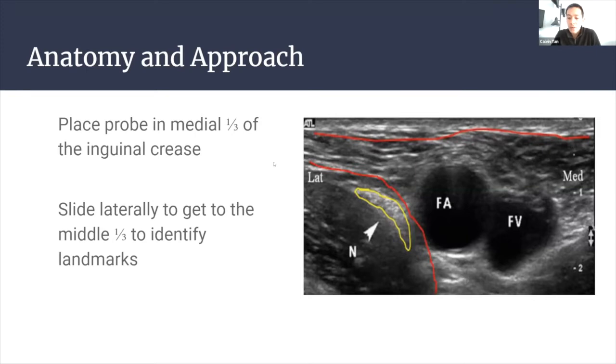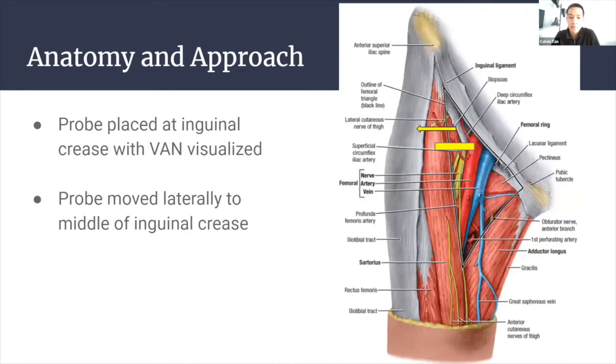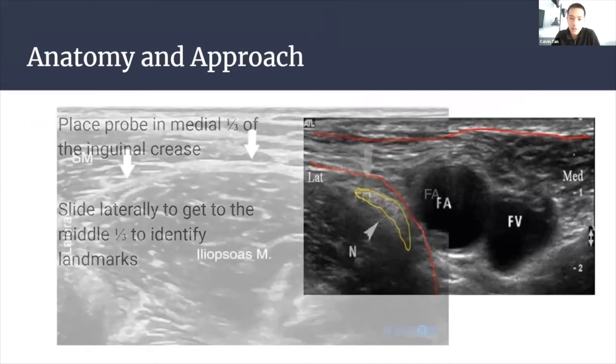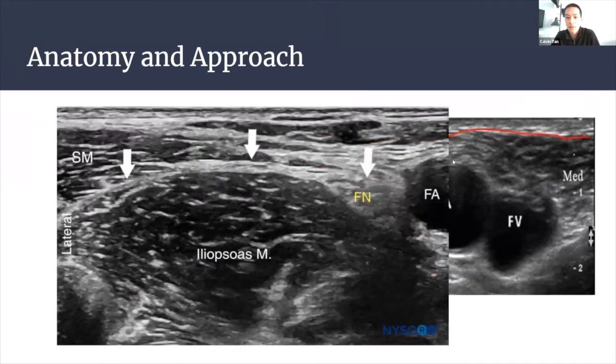In order to get the view that you're going to want in order to do this block, you're going to slide from the position that you're in right here, which is the medial 1/3, and then slide to the middle 1/3 of the inguinal crease. Identify these landmarks. I tried to overlay it so it sort of looks like you're sliding to the lateral side.